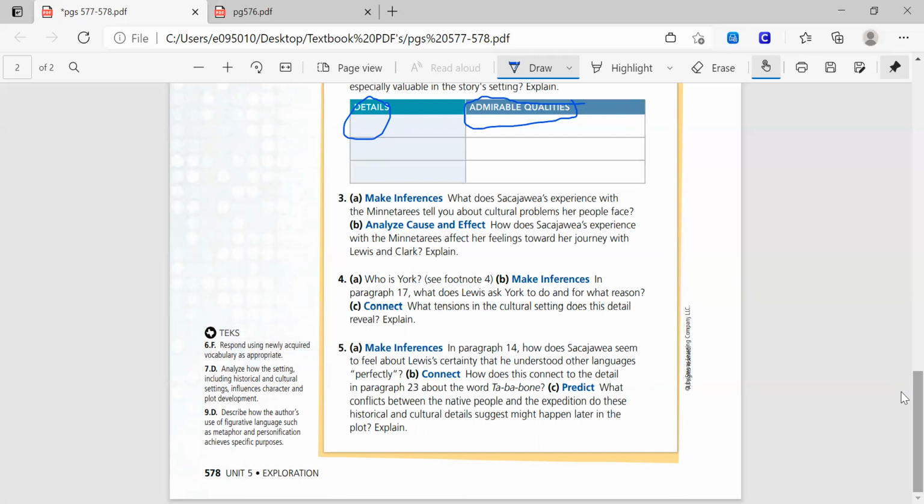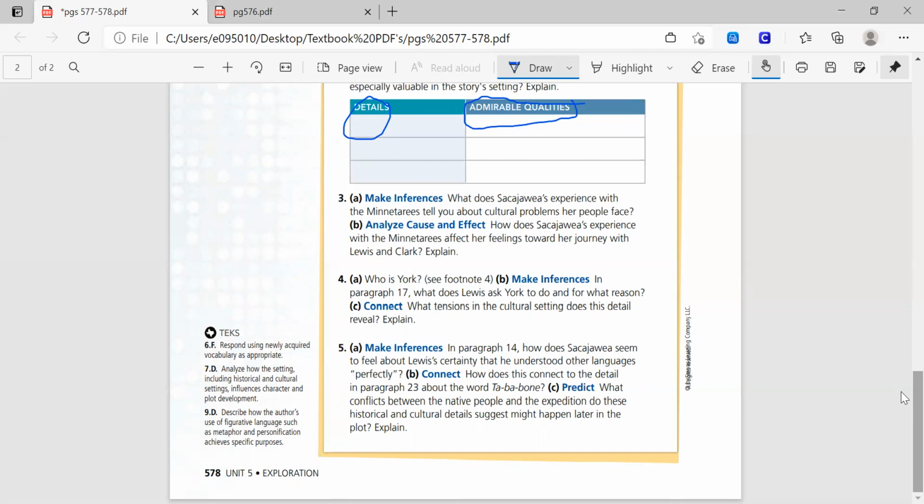Question number 4, who is York? See footnote 4. So question A, see footnote 4. So go back to that excerpt, find that footnote 4 and see who York is and then answer that question. 4B, make inferences. In paragraph 17, what does Lewis ask York to do and for what reason?